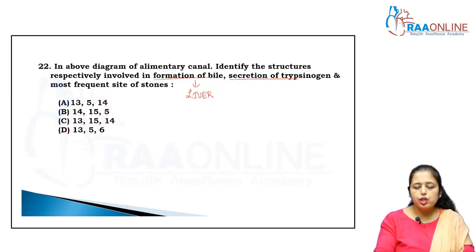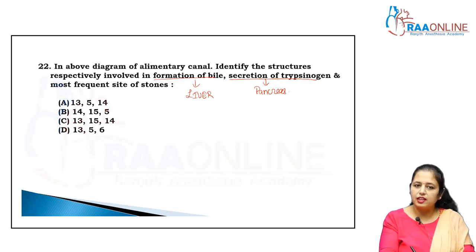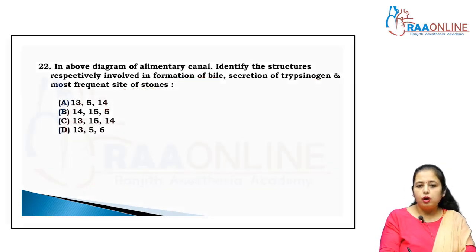Secretion of trypsinogen is related with the pancreas, because it is the pancreatic juice. And the most frequent site of stones in that diagram is the gallbladder. Right, that is related to the gallbladder.